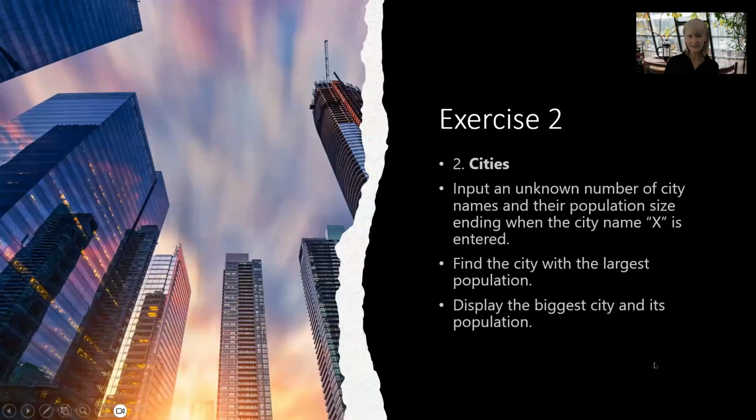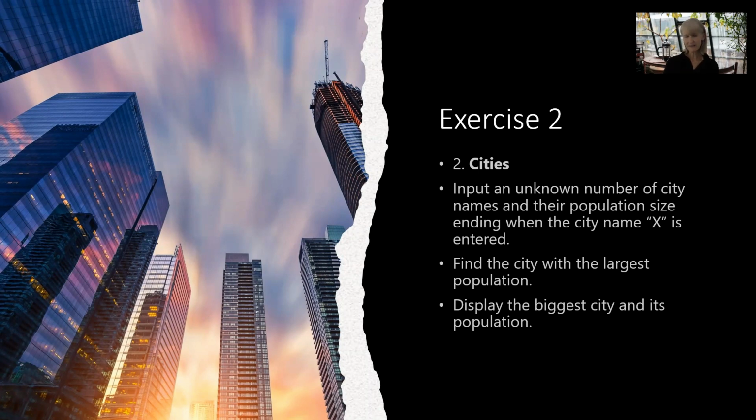And then here's exercise 2. It's called cities. So here you're going to input an unknown number, again, unknown number, which suggests a while loop, of city names and their population size, ending when the city name X is entered.